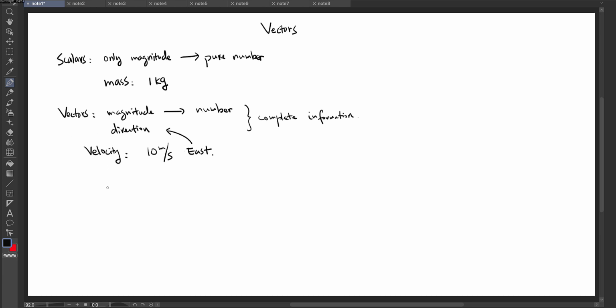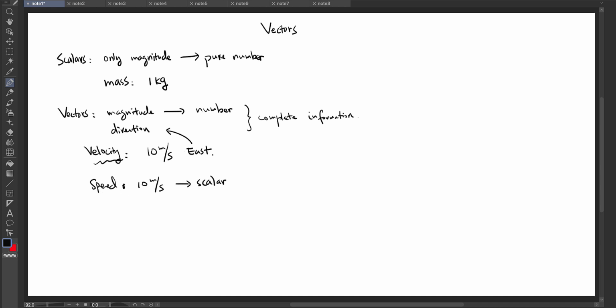Now, to compare with this vector quantity of velocity, let's talk about another physical quantity very similar to the velocity. It's called speed. Now, when I say speed, it's like in everyday language. So now let's say you're driving at 10 meters per second. If you talk about that, then that's the speed. Okay, and then speed is a scalar.